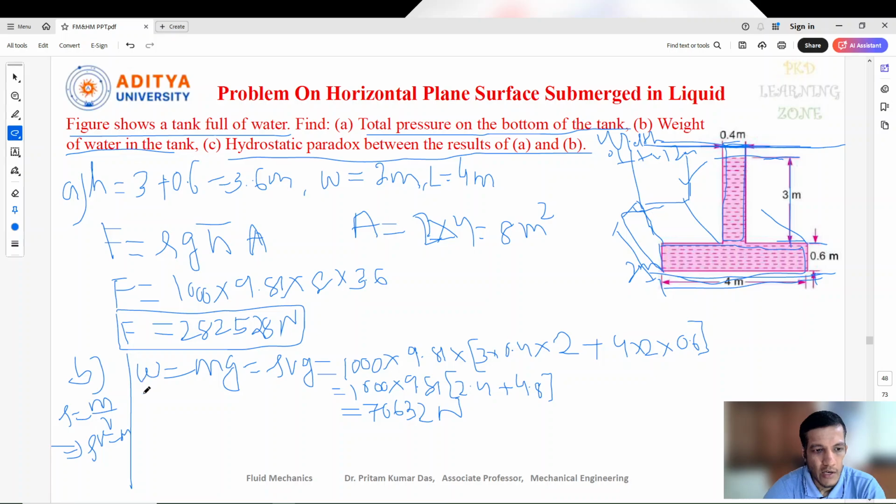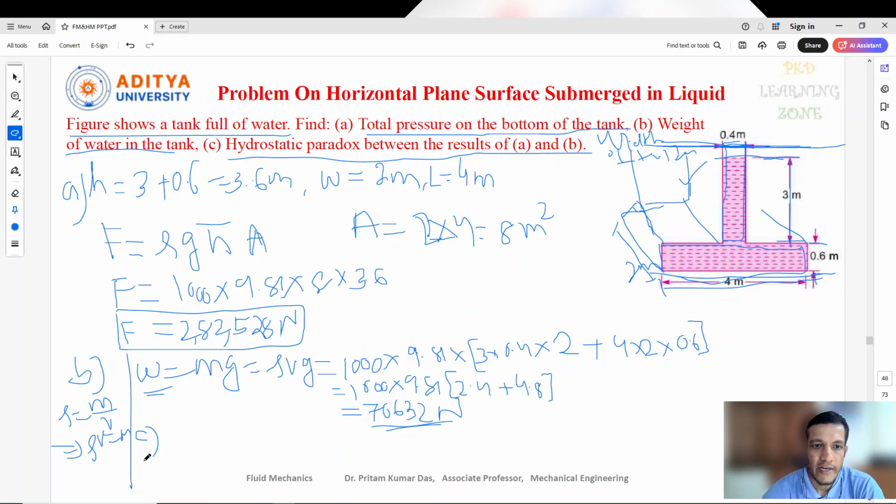So this is the weight of the water in the tank. See, the pressure force which is acting on the bottom of the tank is 282,528 Newton, while the weight of the water in the tank is 70,632 Newton.